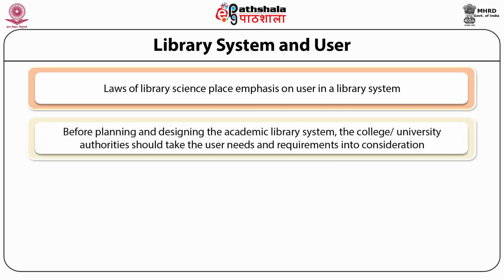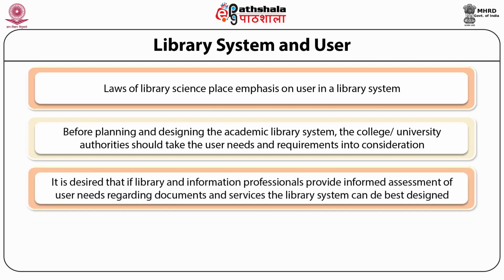Therefore, before planning and designing the academic library system, the college and university authorities should take user needs and requirements into consideration. It is desired that if library and information professionals provide informed assessment of user needs regarding documents and services, the library system can be best designed.